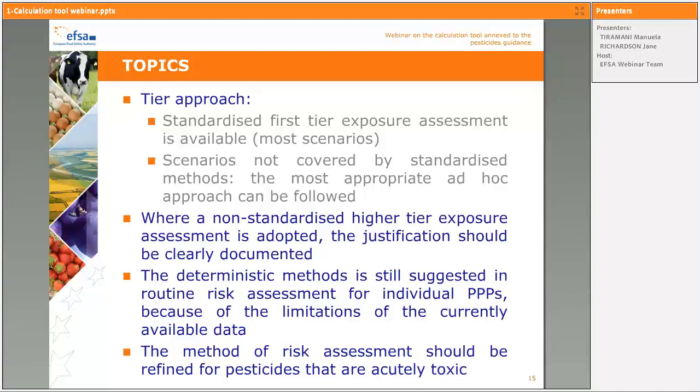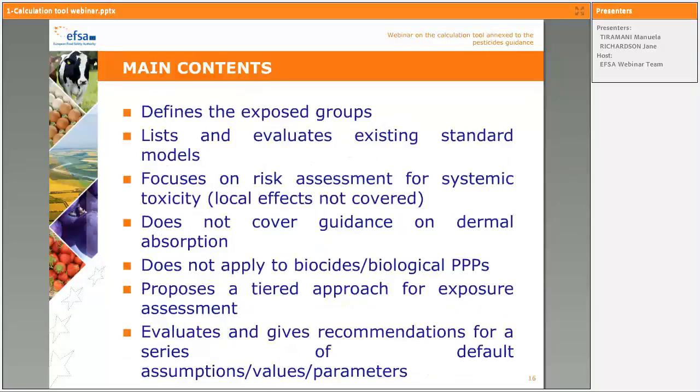Also, the guidance indicated the need of considering and refining the risk assessment for pesticides that are acutely toxic, also for the non-dietary exposure, as it is done for the dietary exposure.